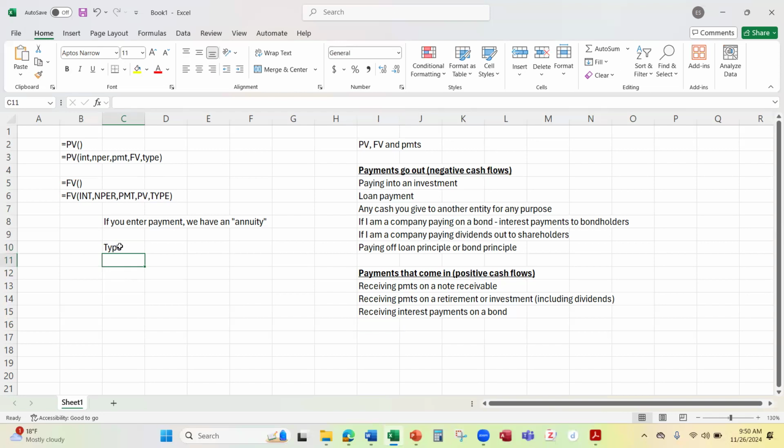If there are no payments involved at all in the formula, pretty much always use the type 0, which is that interest and compounding is happening at the end of the time period.